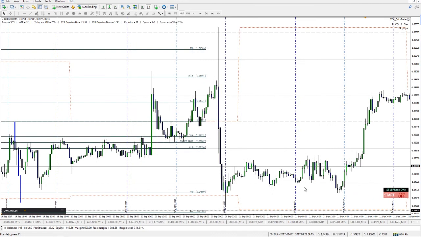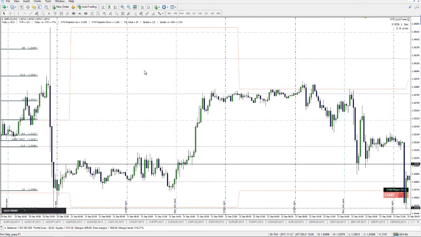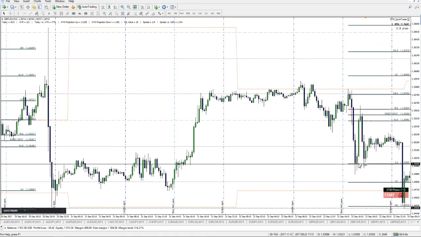Fine. New York. What I'm looking for is, after the blue line or after New York open, a retracement into the 61.8, 62 level, like this.